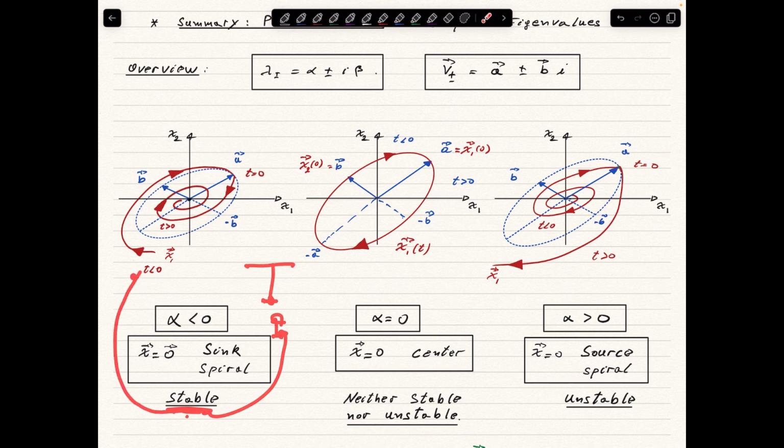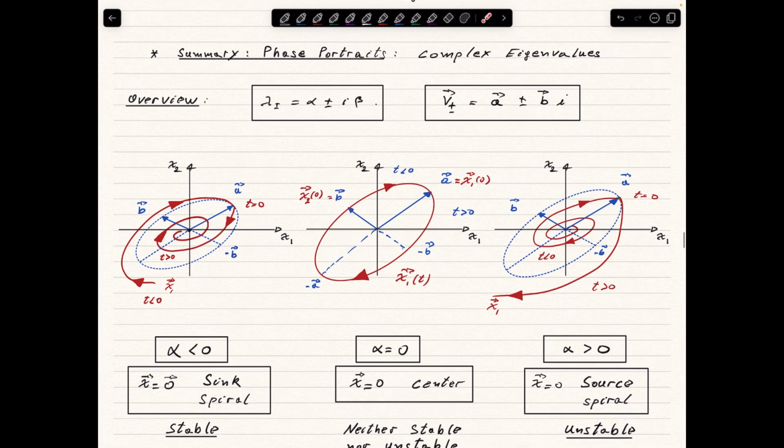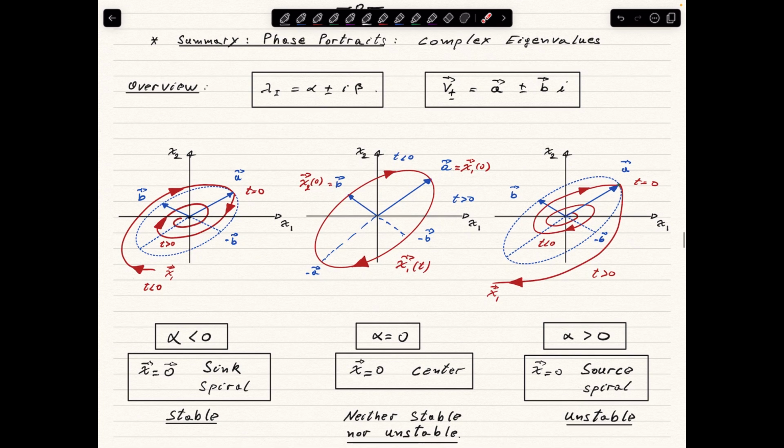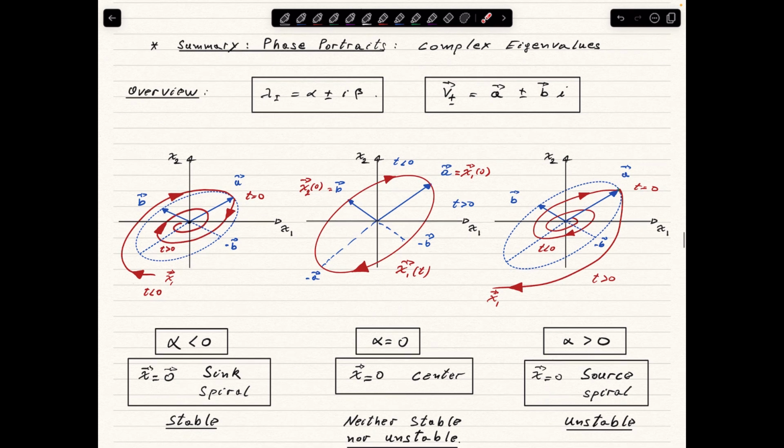So we use stable also for this type of picture. And center is neither stable nor unstable because it stays at finite distance from the origin and doesn't go to infinity, so it's something in between. And this is the general behavior of solutions of 2x2 linear systems of differential equations with complex eigenvalues.